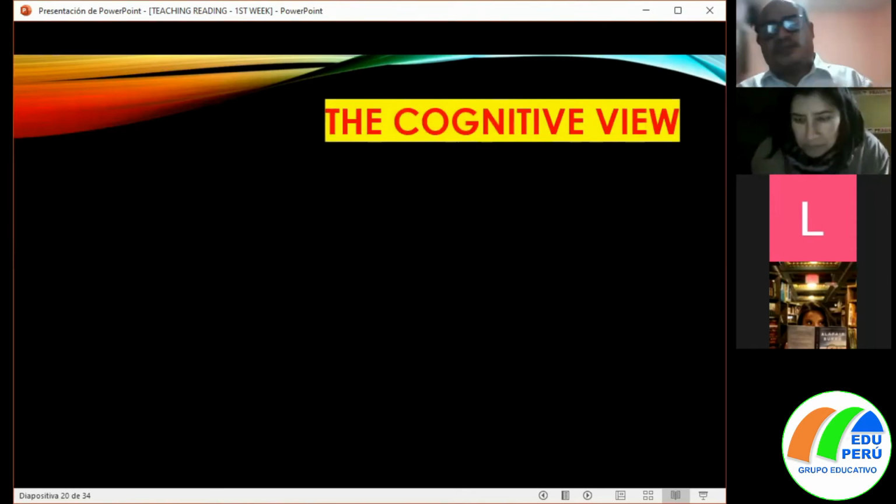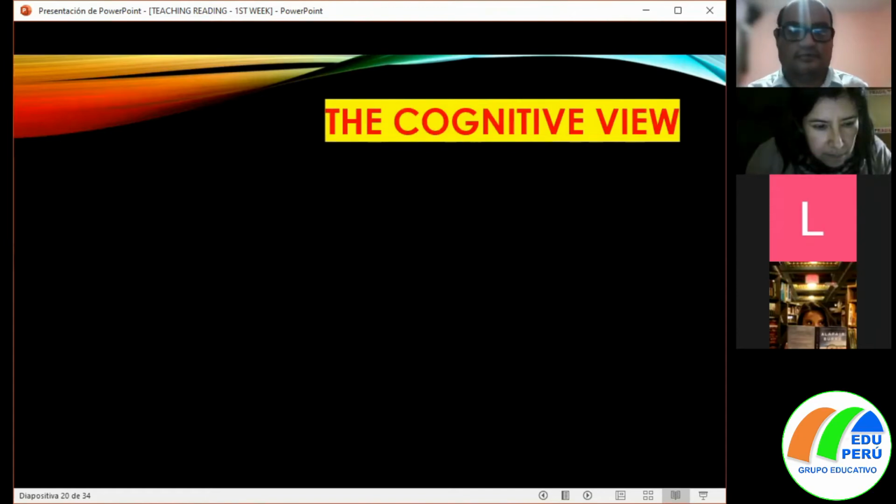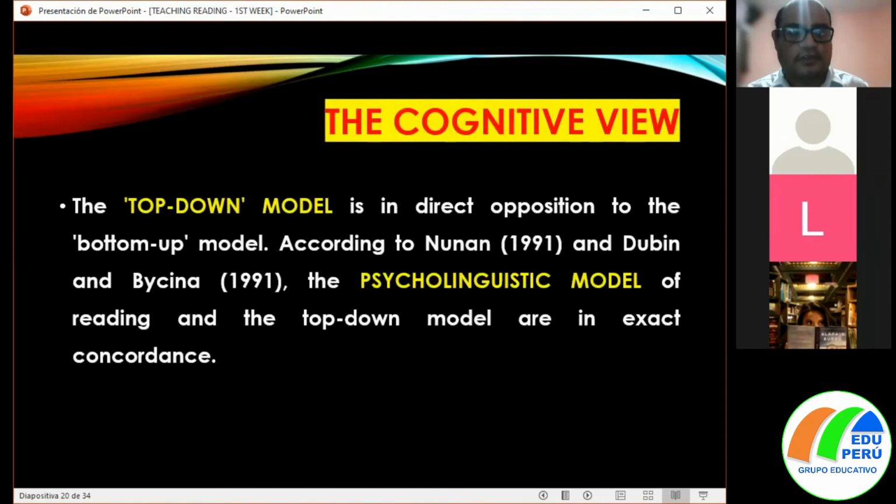Now, let's pass to the other one, the cognitive view. The top-down model, remember the cognitive view is related to the top-down model, is in direct opposition to the bottom-up model. According to Nunan, 1991, and Tobin and Vicina the same year, the psycholinguistic model of reading, another term related to this theory, and the top-down model are in exact concordance.